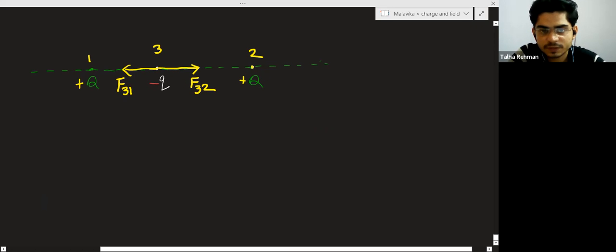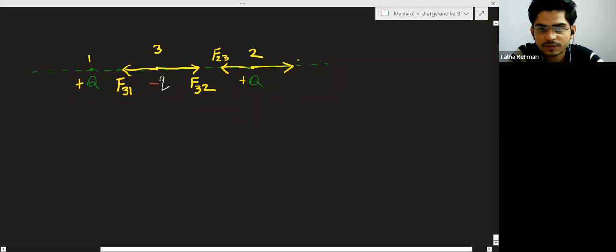Let's see here. Due to this negative charge, the direction of force is in this direction, means force on charge 2 due to charge 3, and due to this charge the direction of force, both the charges will repel each other, means direction will be like this.